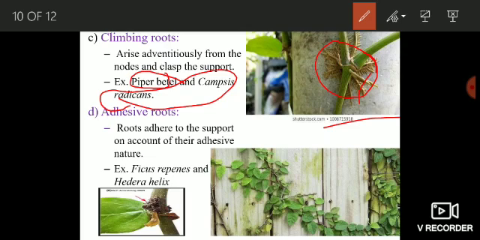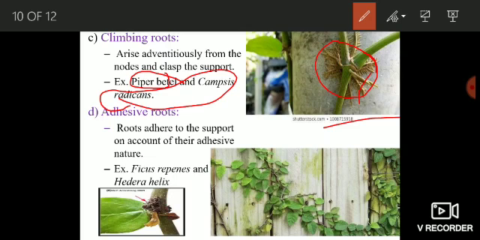The next type is adhesive roots. These roots adhere to the support because they possess some adhesive structures. On account of their adhesive nature, they get adhered to the support.